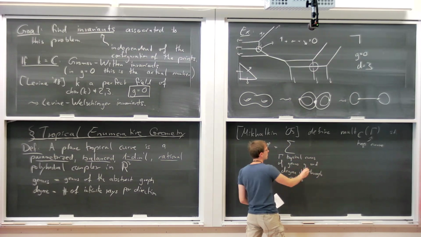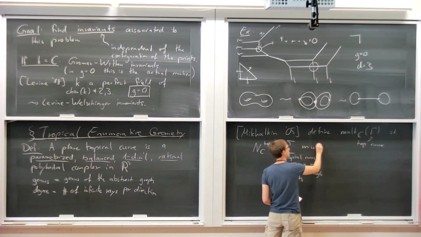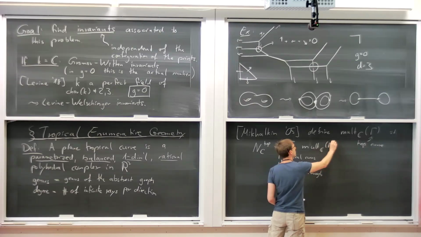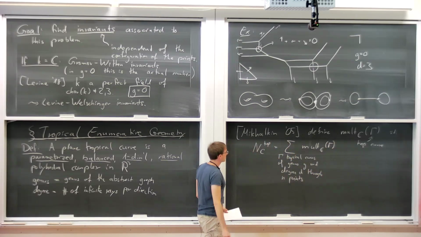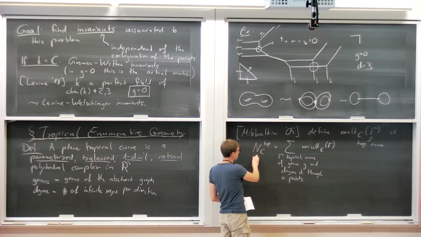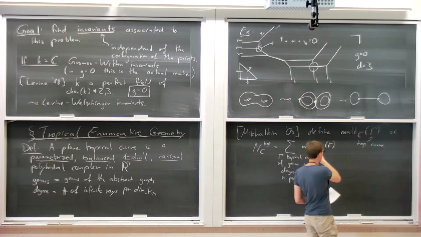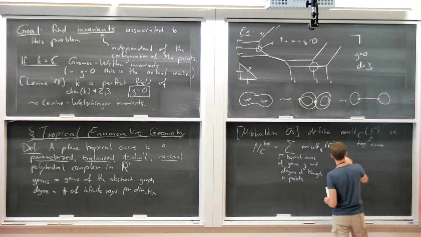And for each curve, we're adding in the multiplicity of the curve. And if you do this, what you get is this quantity here, which Mikhalkin proved to be an invariant of the tropical counting problem.